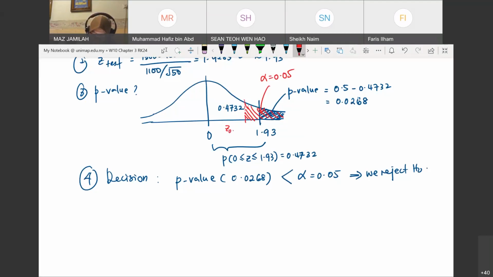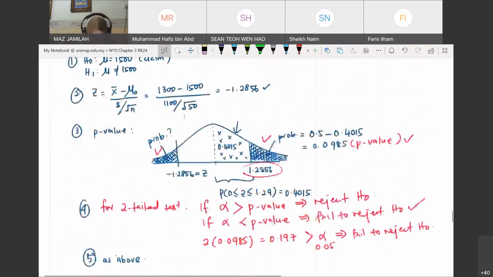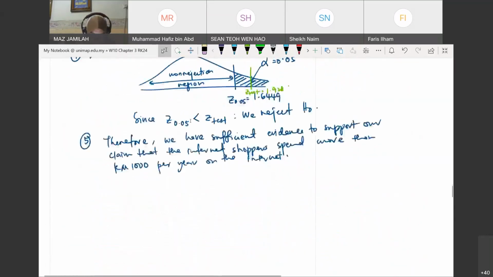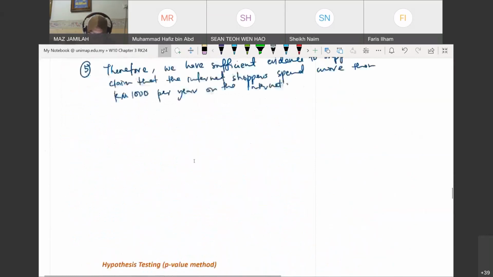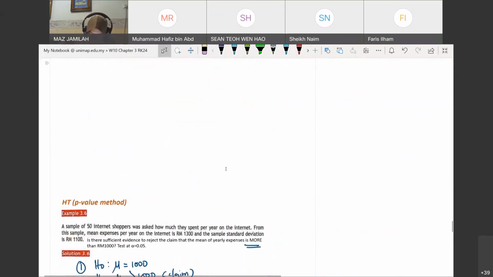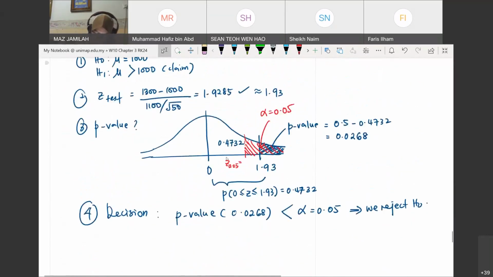Z alpha for 0.05 is 1.6449, and this is where 1.6449 is located.